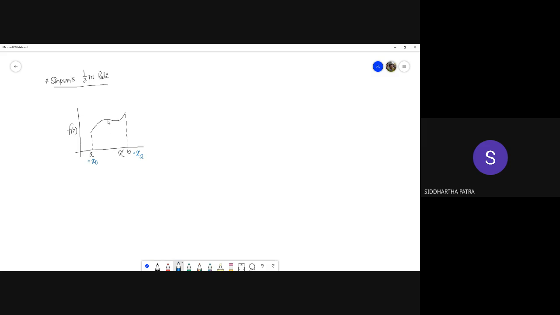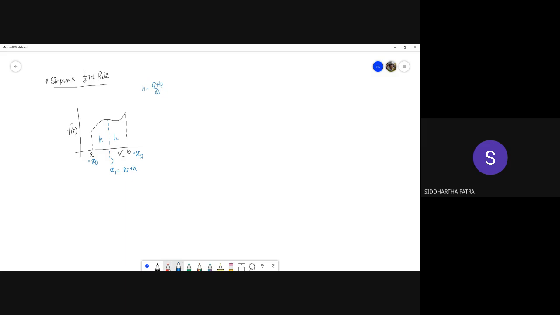So what we do is divide AB. Even the basic version of Simpson's rule has at least 2 segments. We divide AB into 2 segments of size h, and this midpoint we call x1, which is x0 plus h, as you can see, and h equals b minus a divided by 2.